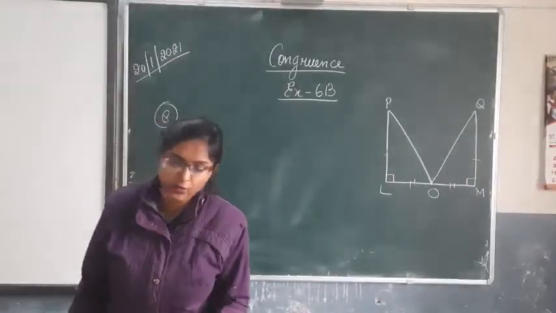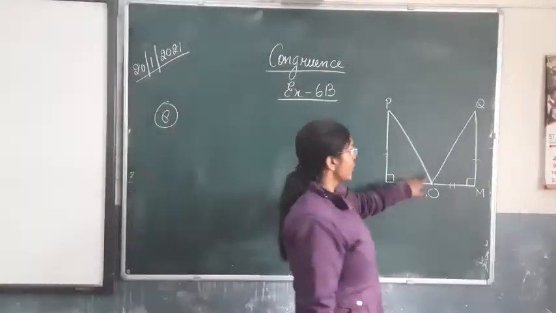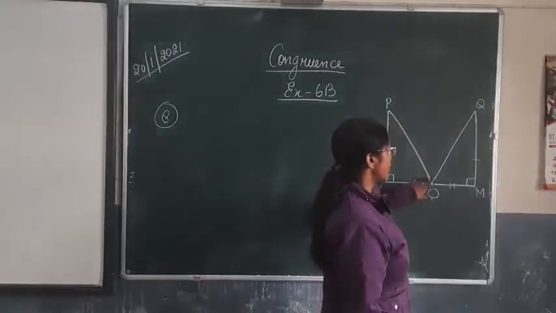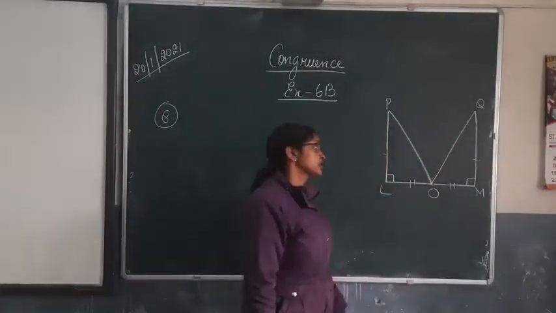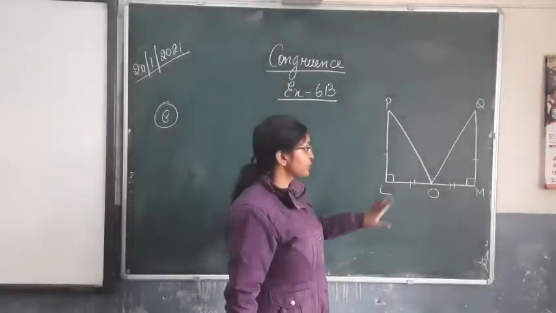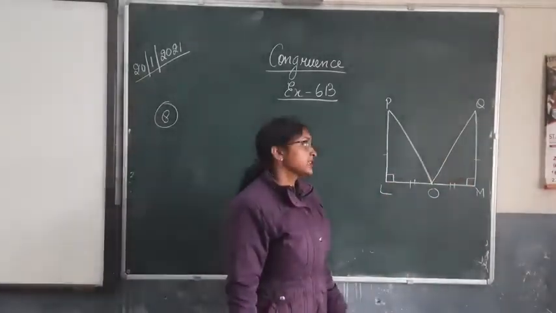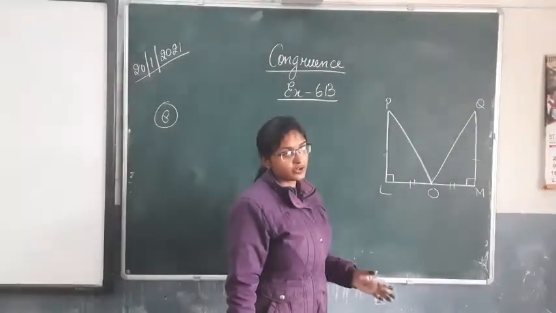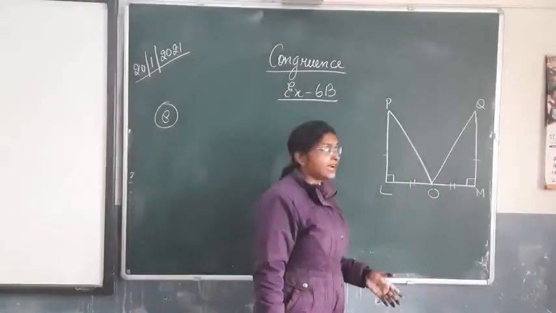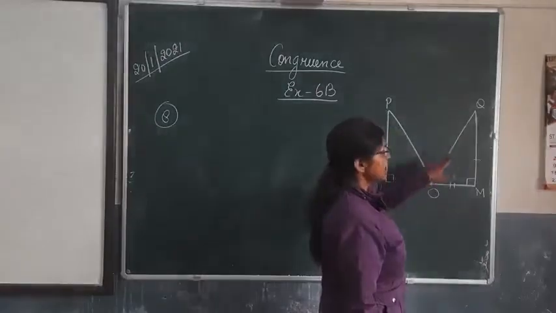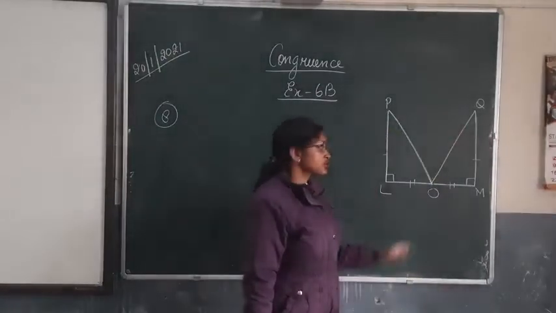Now, what we have to prove? We have to prove that OP is equal to OQ. So if we prove that these two triangles are congruent to each other, then by corresponding parts and corresponding sides, we can prove that these two sides are also equal to each other because they are corresponding.